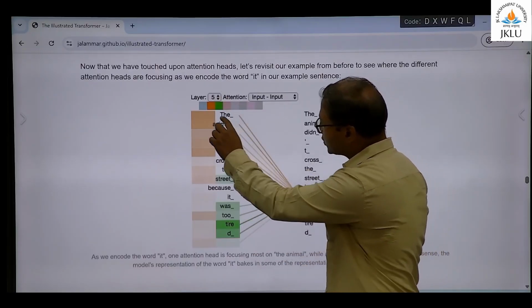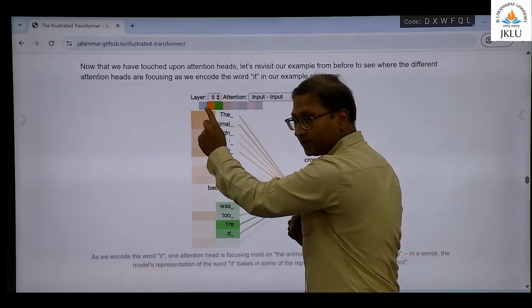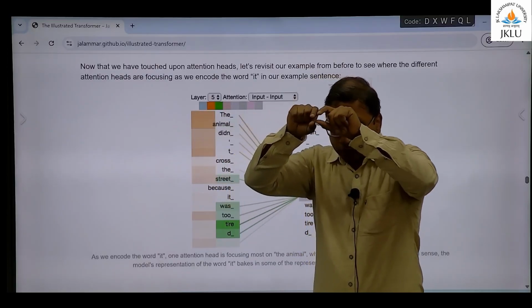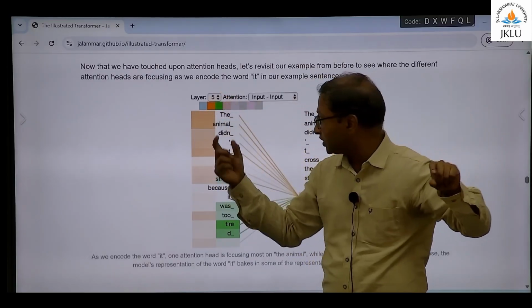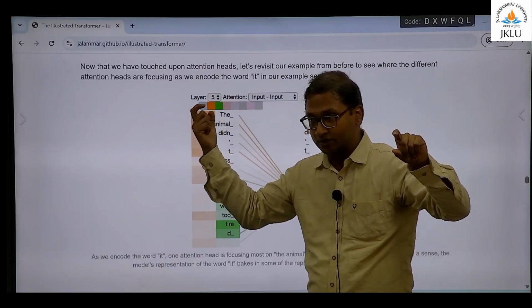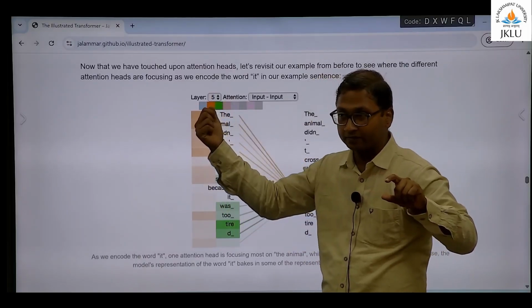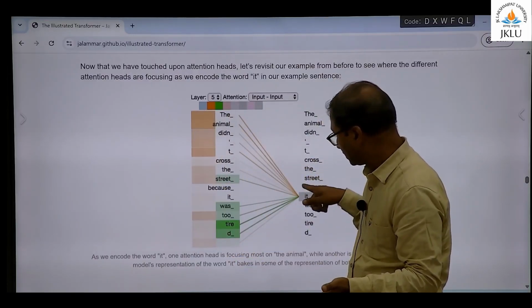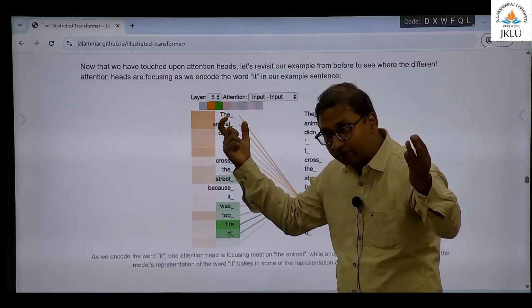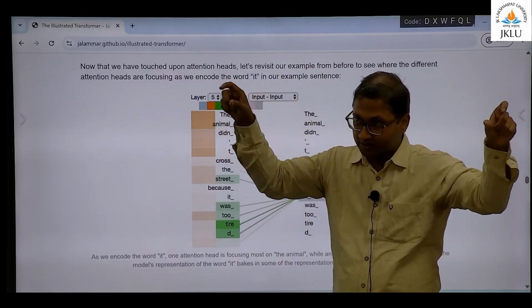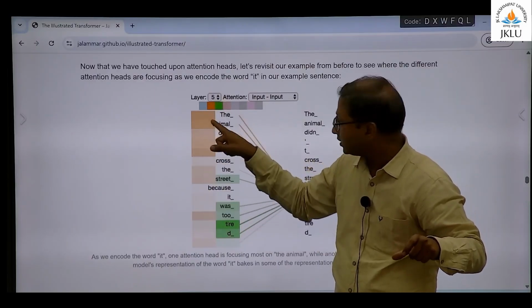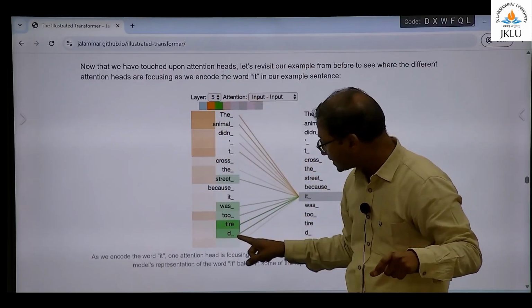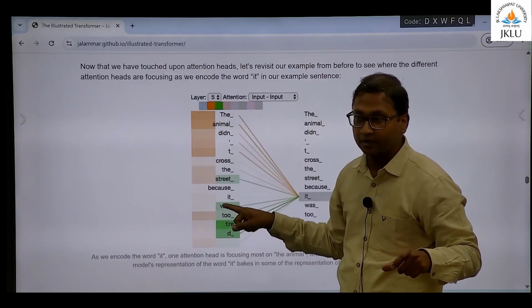So in the red space, it focuses too much on the animal. When you look at that probability distribution, it is focusing on these two words because it actually refers to that. But who was tired again? So another head, so you had 8 heads. One head is taking care of the animal, another head is actually referring to the tired.